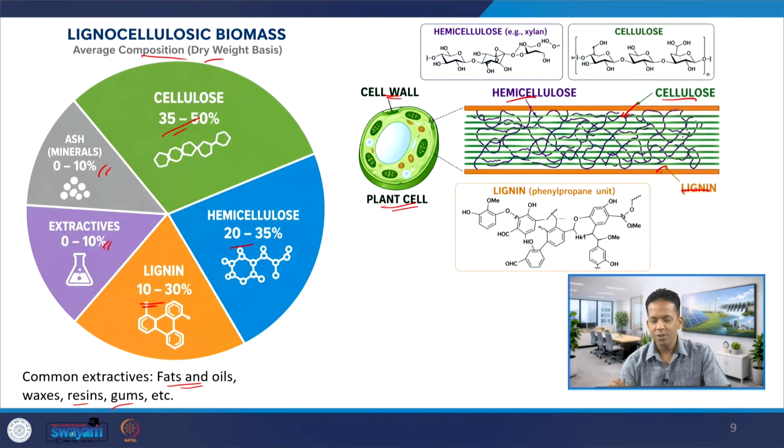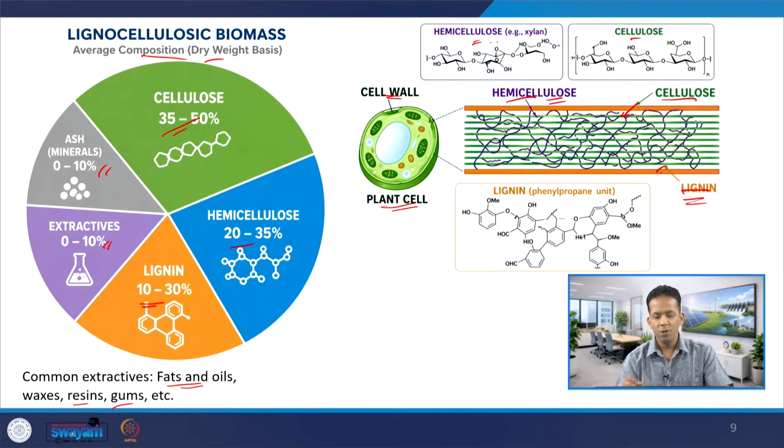So just looking at the structure, you can tell that hemicellulose would be the one which would degrade first, followed by cellulose and lignin. Lignin has a huge decomposition range, as you can see from the structure.